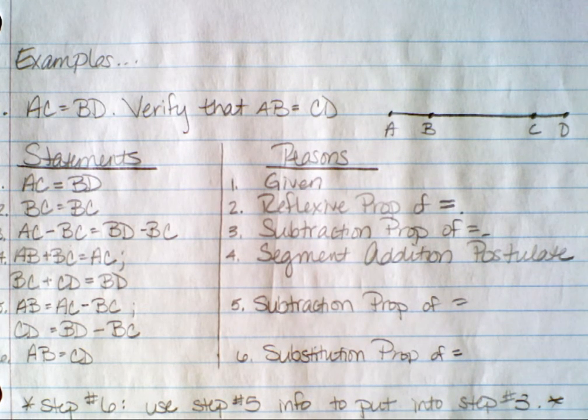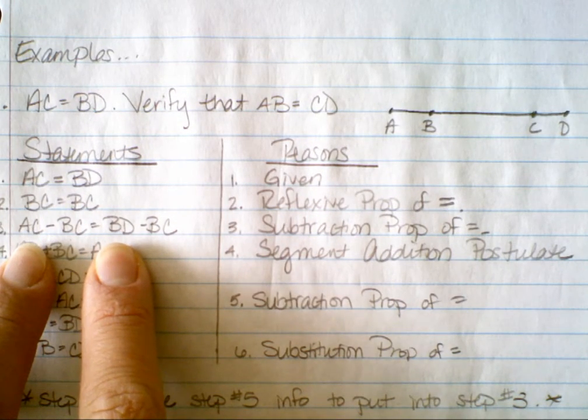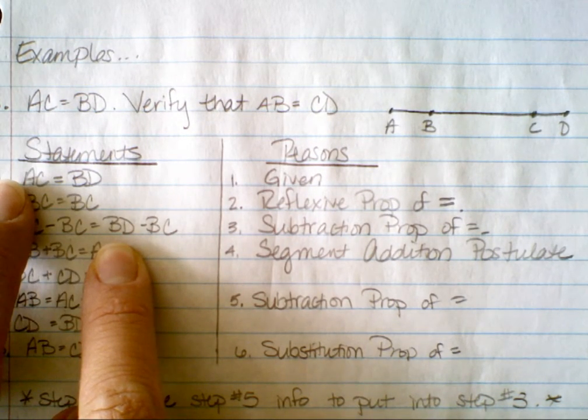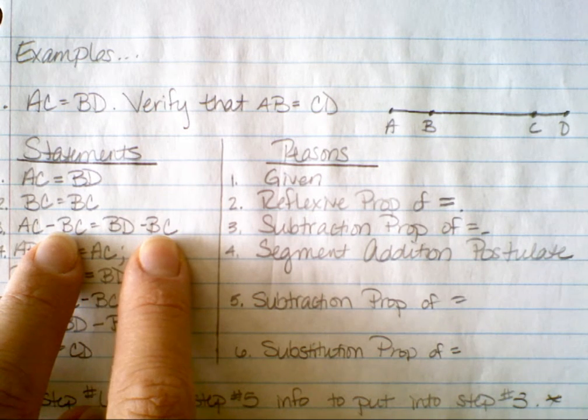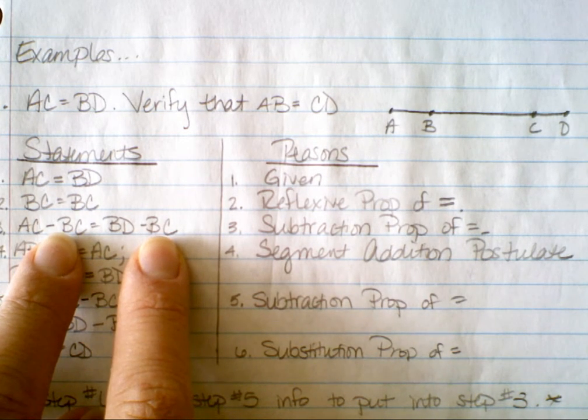So then I can subtract BC from AC and from BD. So I know that AC already equals BD. So these two I already know are equal from the step up here. And now I'm going to subtract the same thing from both sides using the subtraction property of equality.